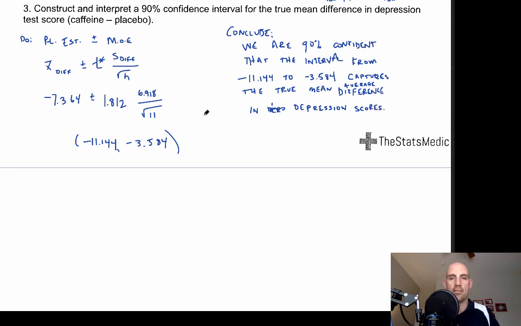So we're 90% confident that the interval from negative 11.144 to negative 3.584 captures the true mean average difference in depression scores. Okay. Once again, to review.